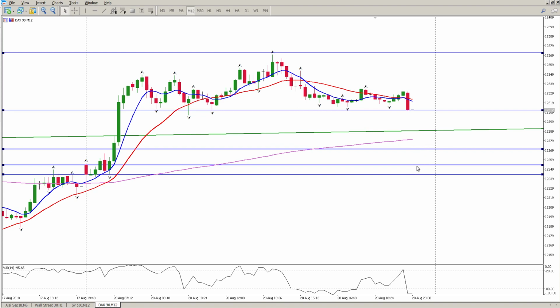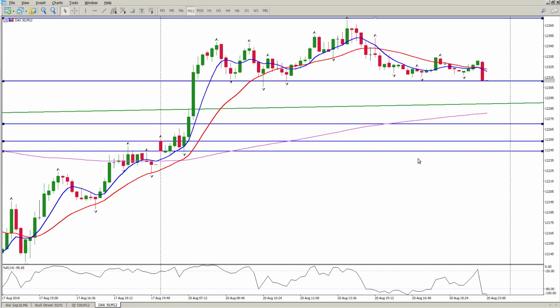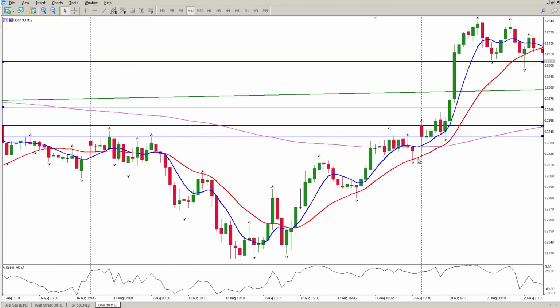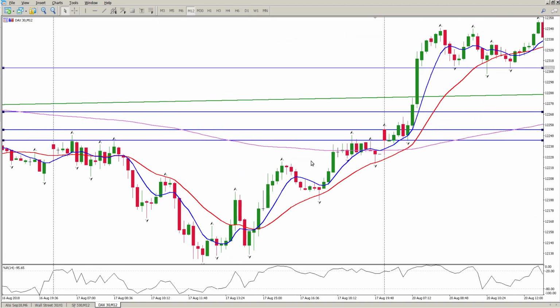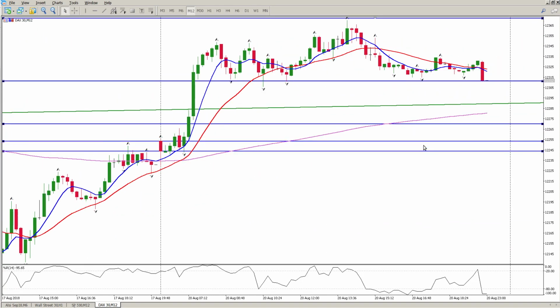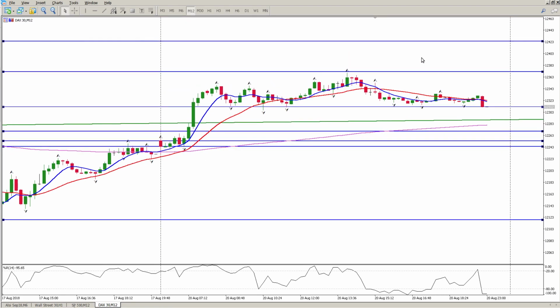in this area here. Okay, so this 12,250 area is the area that I want to pay attention to, because that is a retest of the breakout on the 4 hour, and that's the pattern that I'm going to play. So I'm going to be looking for an upside move back to the 12,400 area.